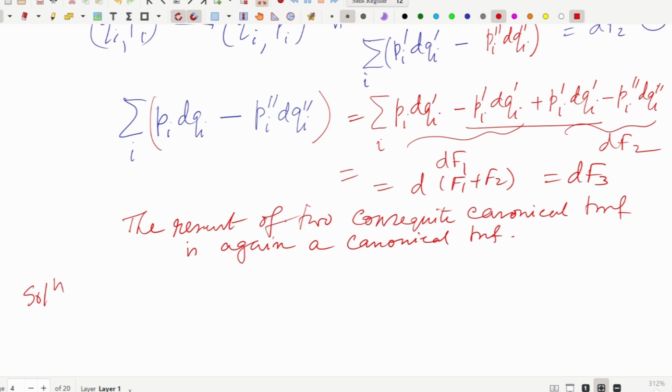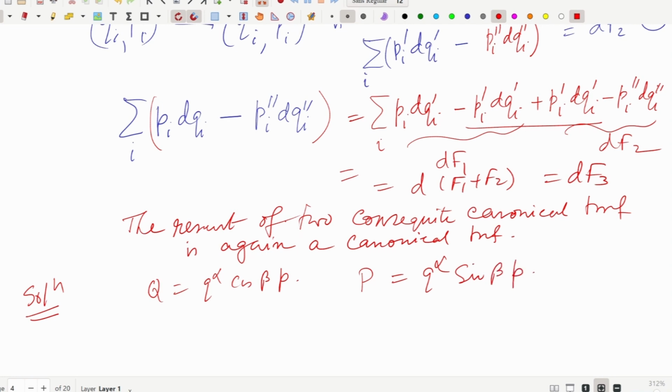So now let us consider the next problem, problem 2. Problem 2 was: find the values of alpha and beta for which this is a canonical transformation. For this we will use the Poisson bracket method. So let me write Q is q^alpha cos(beta p), and P is q^alpha sin(beta p).